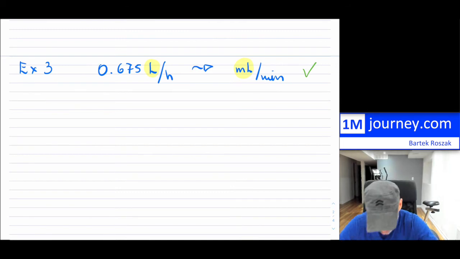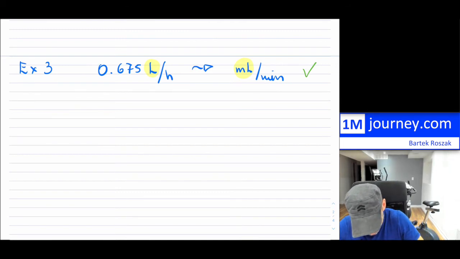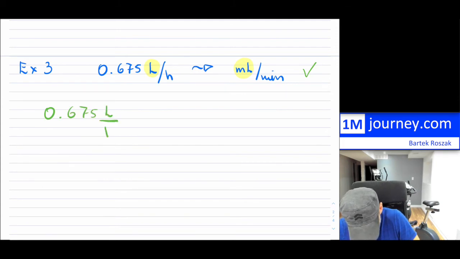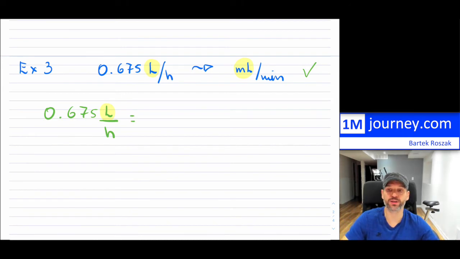So here, the way that I would set this up is I would do this. It's 0.675, so it's liters per hour. Now, I don't want to have liters here, I want to have milliliters. I'm not going to worry about the hour in the denominator, but I am going to worry about the liter. Liter is a base for volume.